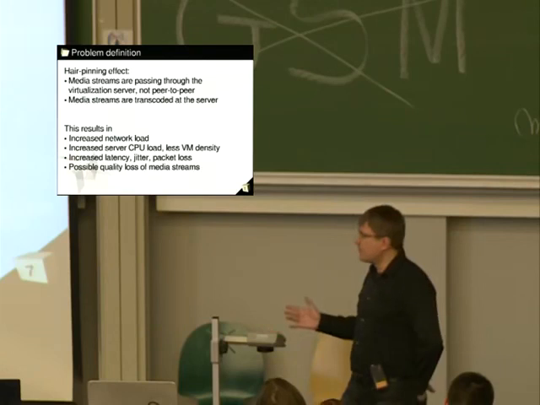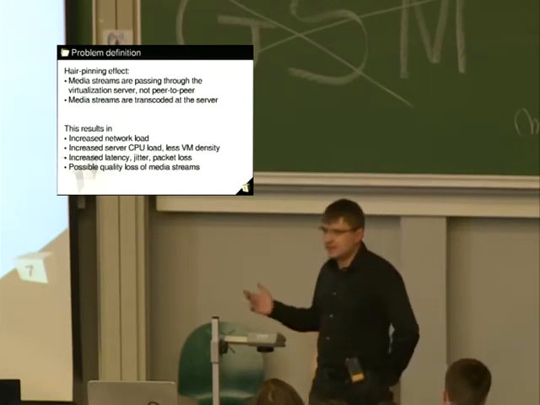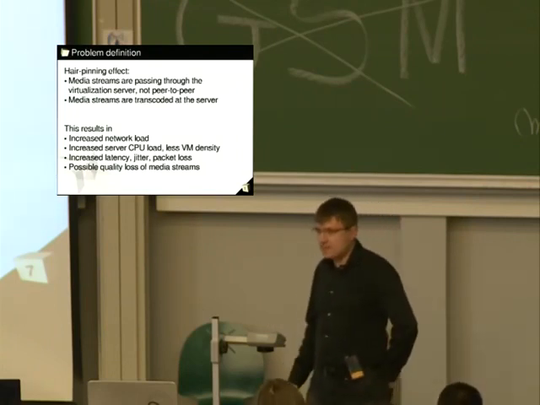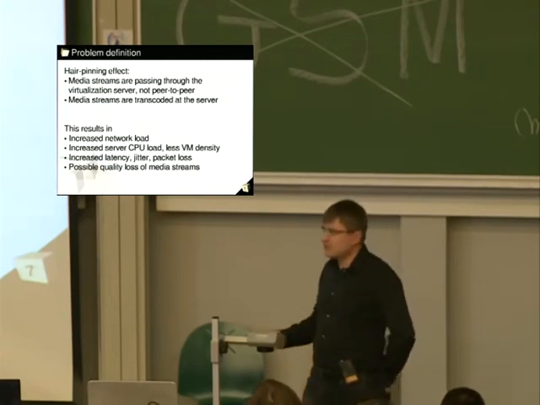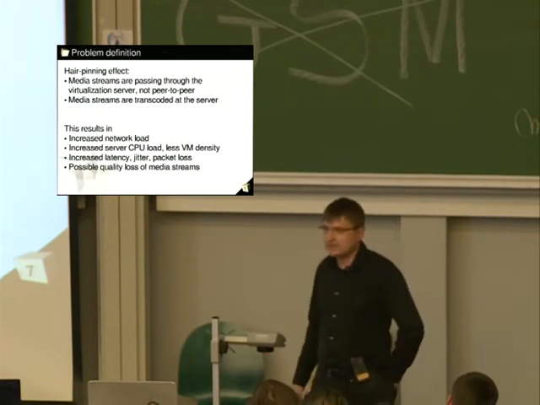So if, for example, the virtualization server, the client, and the far end are all located in different places, a few hundred kilometers away from each other, this becomes very ineffective, and for example, VoIP solutions stop working.